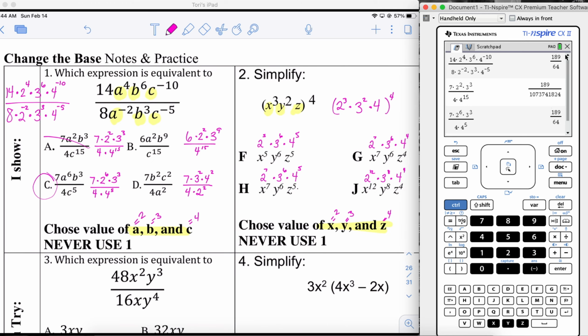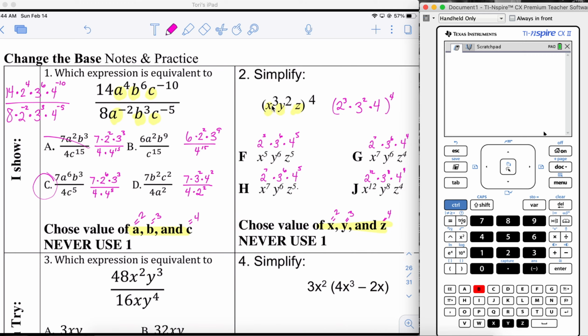All right, let's try the next one. Remember that in your scratch pad, if you want to clear out your screen for a fresh problem, you hit doc and then B. You're saying I want my document to be blank, so doc B. Perfect. All right, so I use the same numbers, 3 different variables, so I use 3 different numbers, 2, 3, and 4. My X is 2, Y is 3, Z is 4.